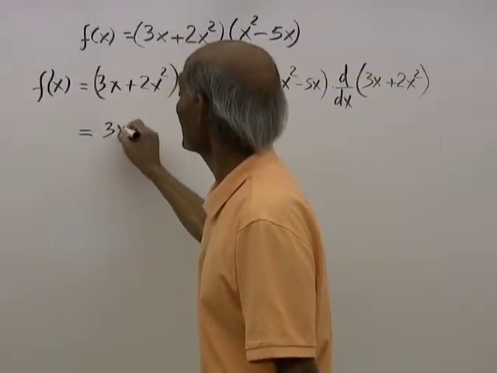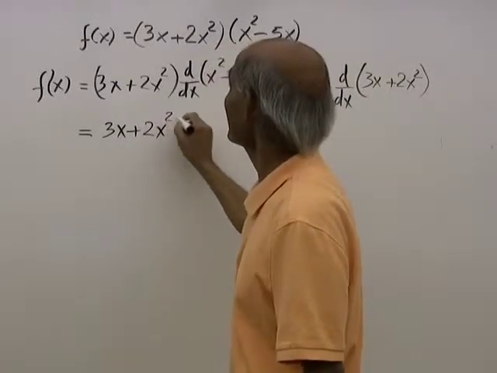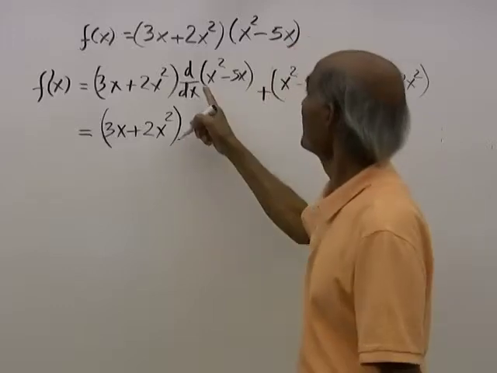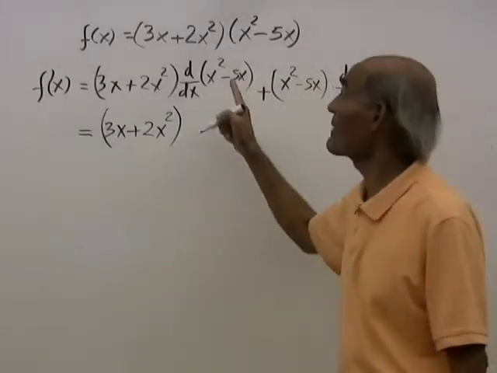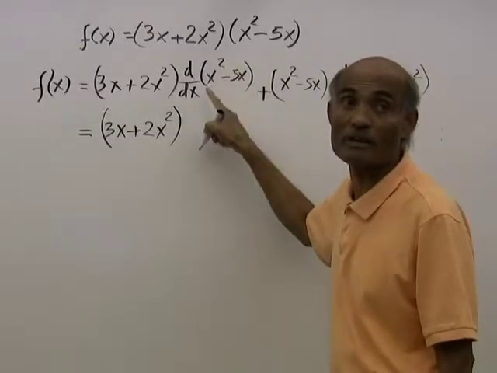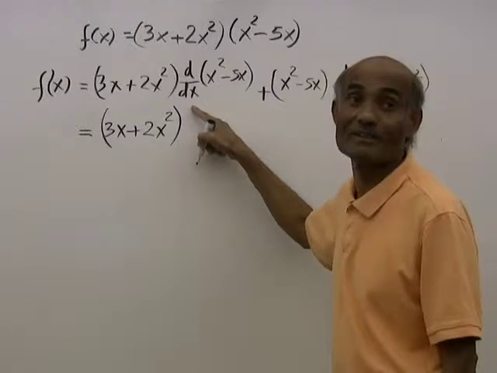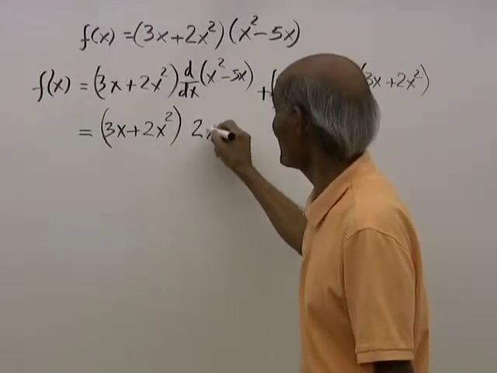That will be 3x plus 2x squared times the derivative of x squared minus 5x. Find the derivative of each term. What is the derivative of x squared with respect to x? It will be 2x, is that right? So that will be 2x.